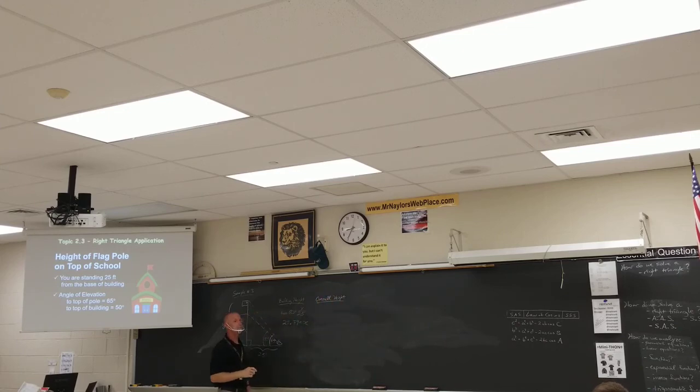Please don't confuse that we're actually finding just the flagpole right now. We're not ready for that. We're finding the overall height because we're focused on a right triangle, and that right triangle has a new angle, but it has the same side. It has the same 25.